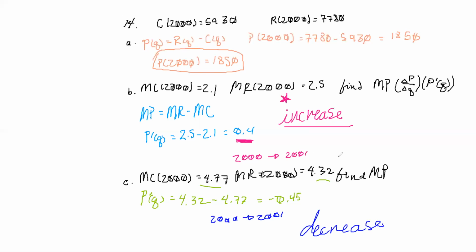So if we make more stuff, we're losing more money, and we don't want to do that. So we're going to decrease until we can maximize our profit. So we're looking for a point where our profit can be as high as it will be without losing profit on making more stuff.